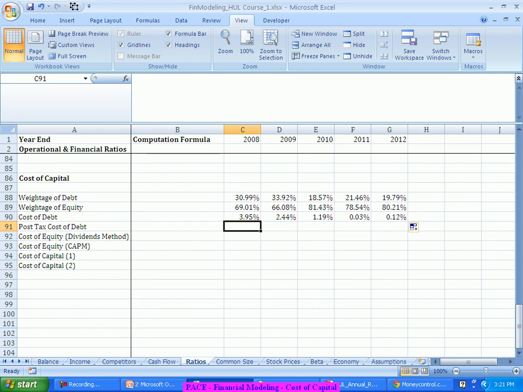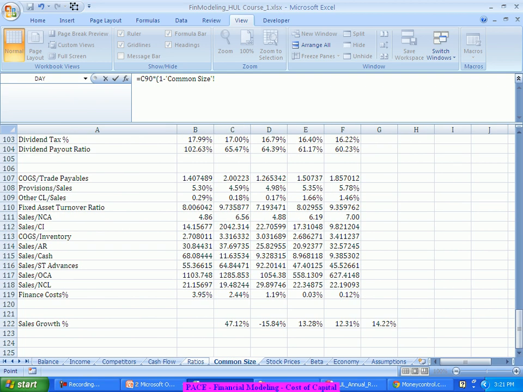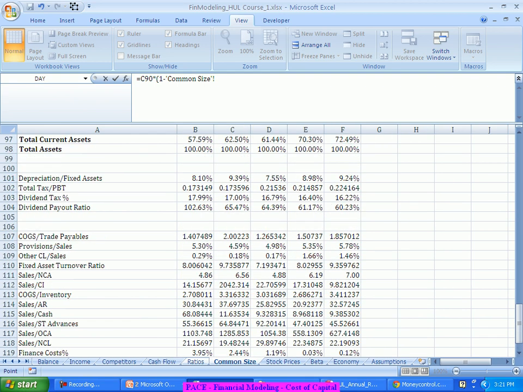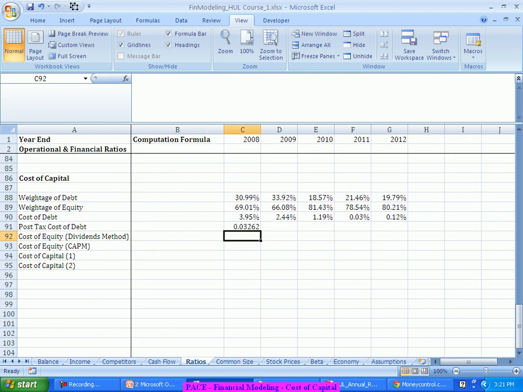Post-tax is this number into 1 minus t. The tax rate we had found in that common size, the total tax by PBT. This is the tax rate, 17% to 22%. So this will become my post-tax cost of debt.